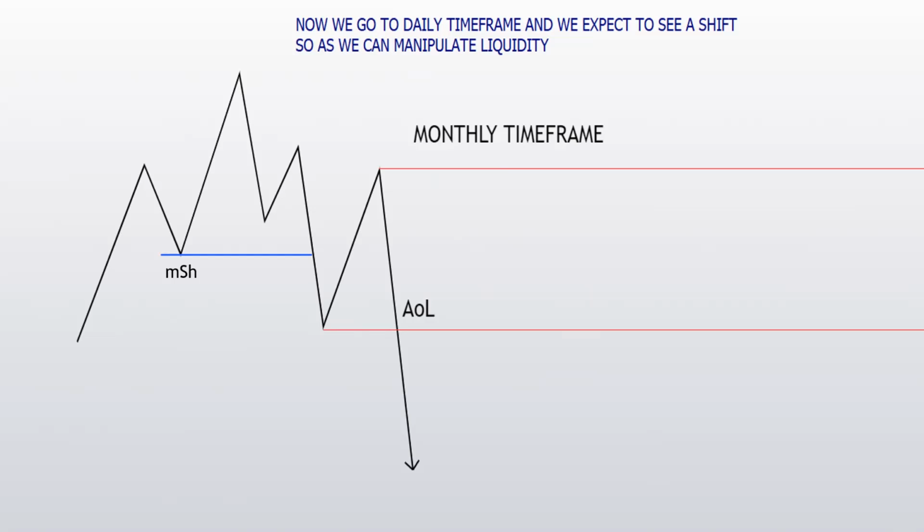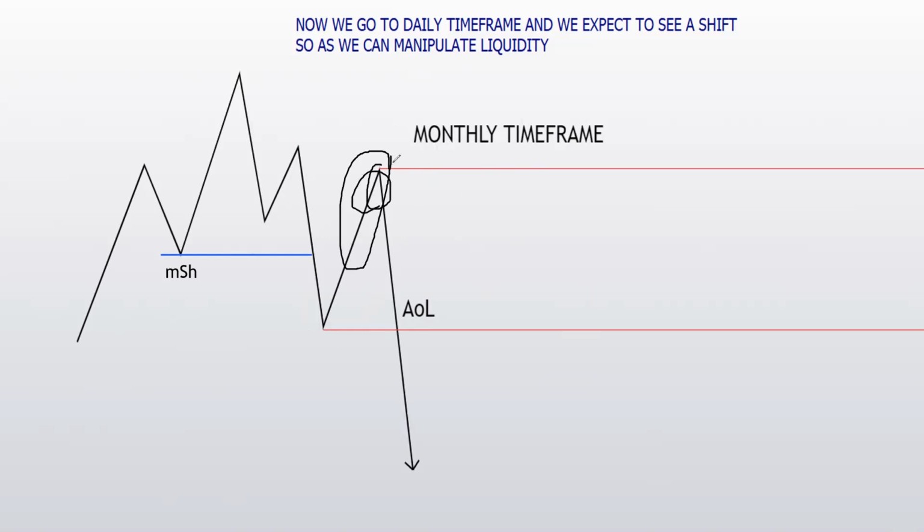Now here, listen clearly. What you have to do in this situation, first of all, you have to observe and mark that area of liquidity that you have on that specific time. After marking this area of liquidity, you have to go to the daily time frame on this area right here, to observe the shift that happened on this area.